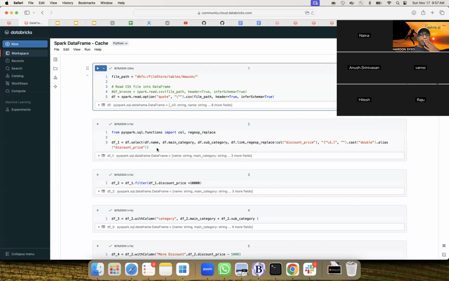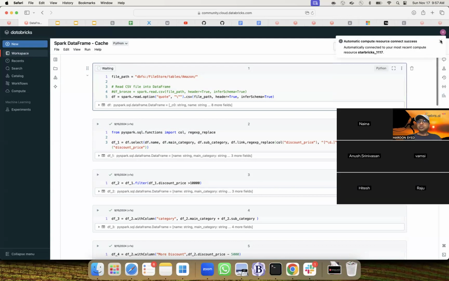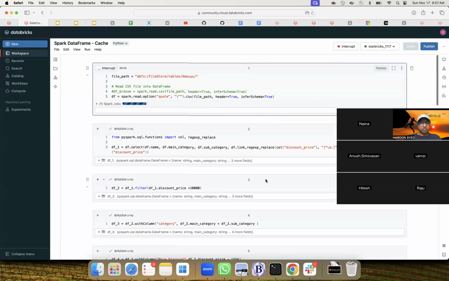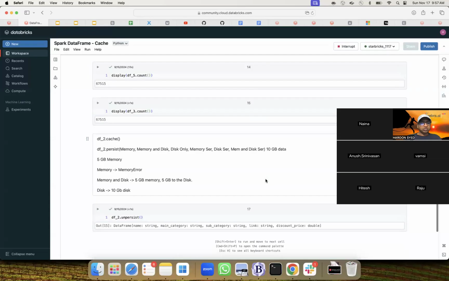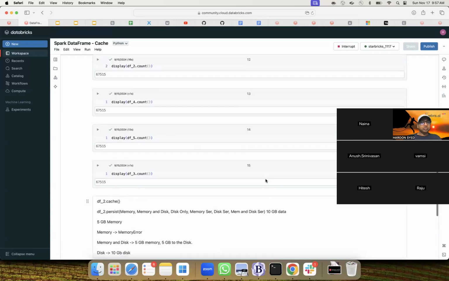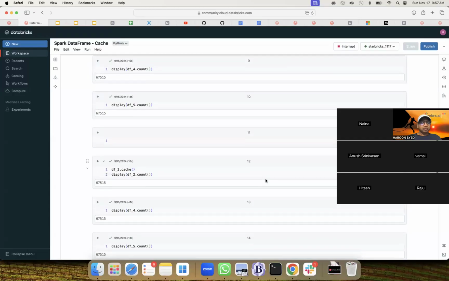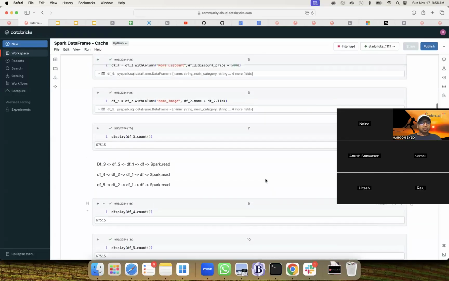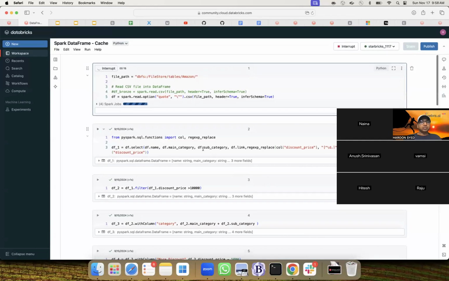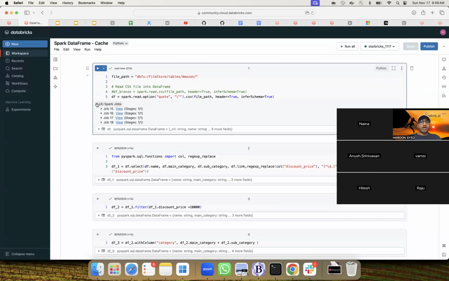Okay. All right. So let's run this. So it's scanning all the files, and then giving us the data frame here as a DF.